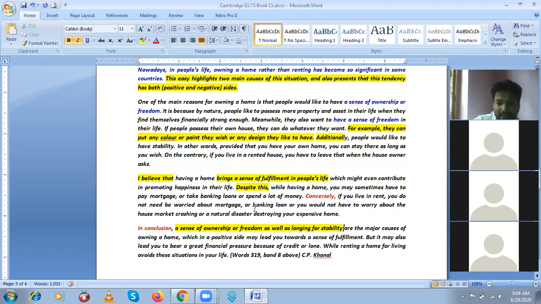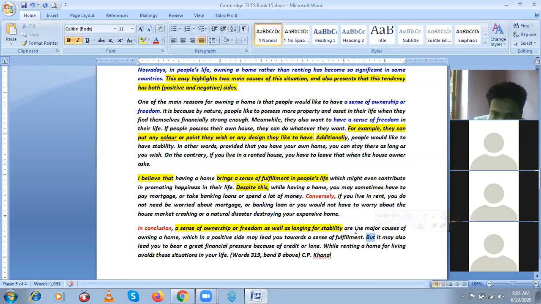We have discussed stability, ownership, freedom are the major causes of owning a home, which in a positive side may lead you towards a sense of fulfillment and bring happiness. But it may also lead you to bear a great financial pressure because of credit or loan. On the negative side, here, but is the perfect word.